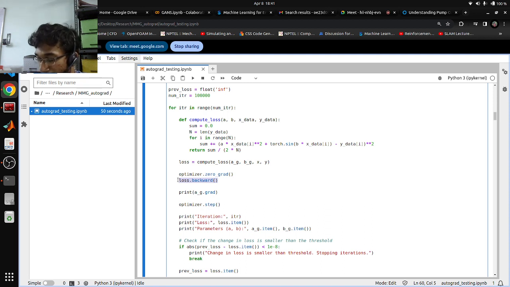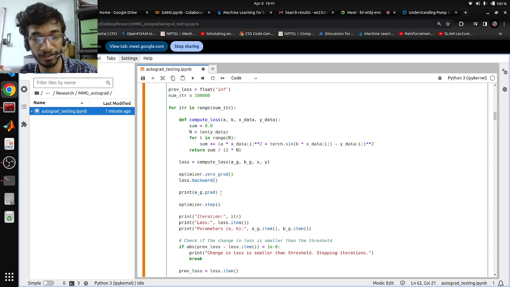So this ag.grad is essentially d loss by d ag. It updates to the latest value of the gradient, that's all.